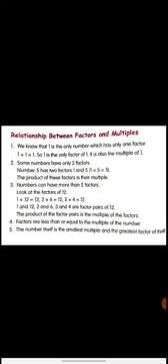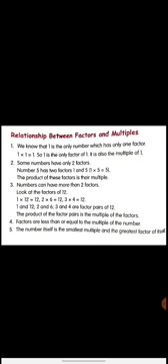We know that 1 is the only number which has only one factor. 1 into 1 is equal to 1. So 1 is the only factor of 1. It is also the multiple of 1.